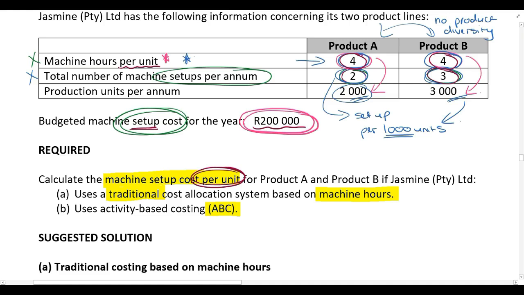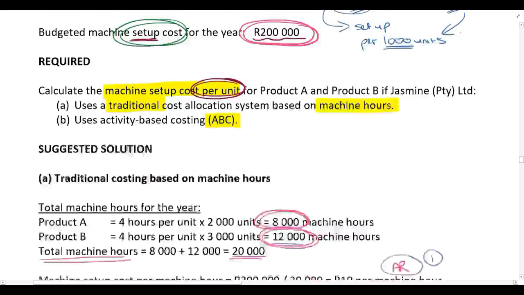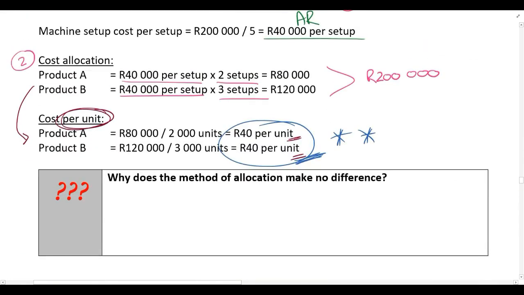So because there's no product diversity, the company will not benefit from using activity-based costing because it gives me exactly the same answer that traditional costing gave me. So if we answer here, why does the method of allocation make no difference? Because products consume resources in the same proportions.